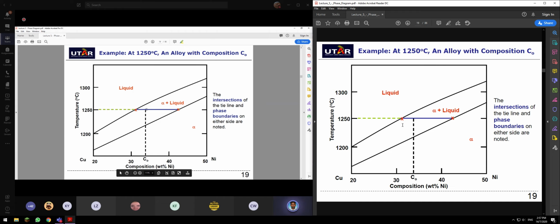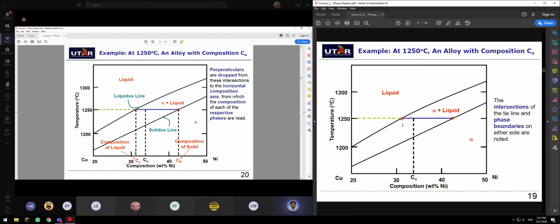Once you touch the liquidus line and solidus line, draw a vertical line pointing directly towards the composition axis, like this.